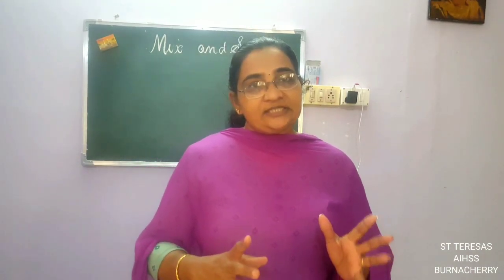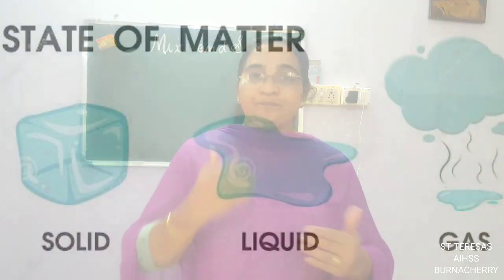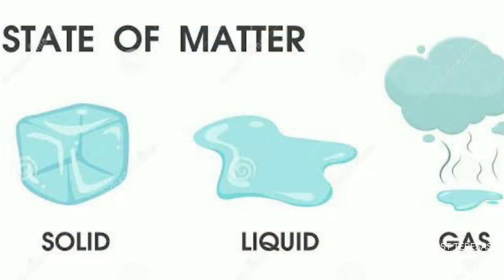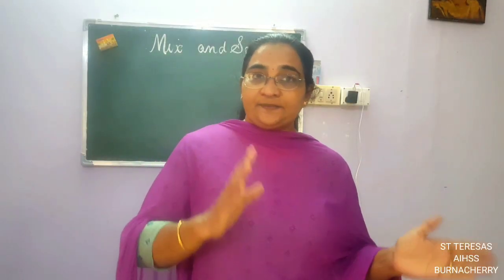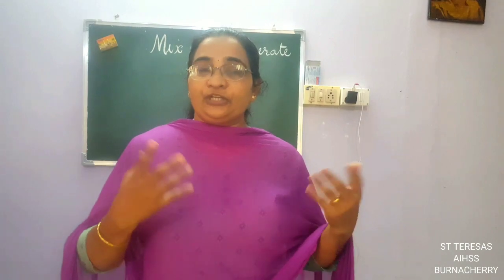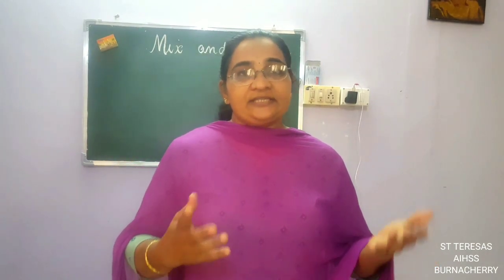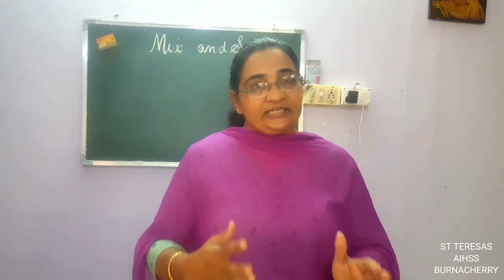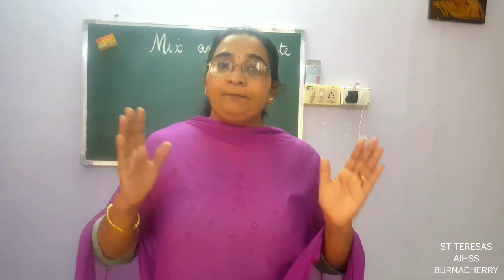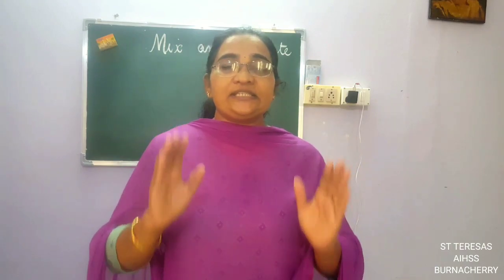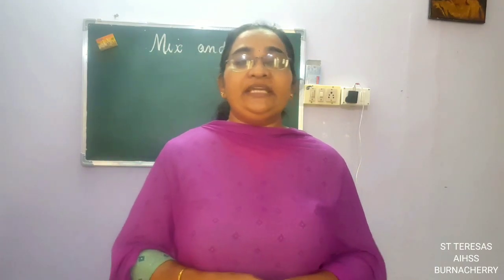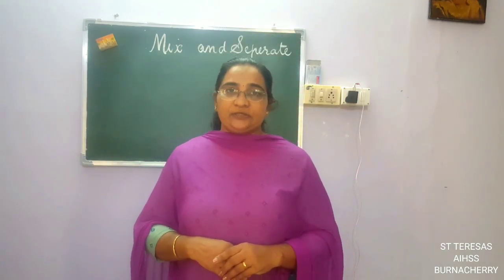Okay. Now, we know substances exist in solid, liquid and gaseous state. There are different substances. For example, ice has a solid form, liquid form and gaseous form. But in all these different forms, they are all made up of molecules.